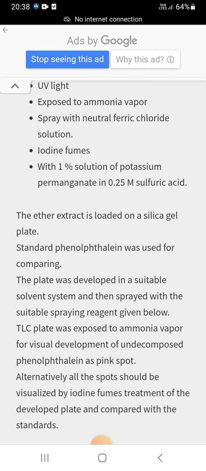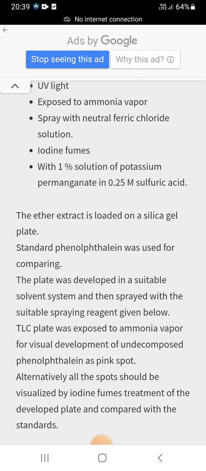Now, the ether extract is loaded on the TLC plate using a fine capillary tube. Then the plate is placed in the elution chamber for some time, having the mobile phase, and when the solvent front reaches its maximum, the TLC plate is removed from the elution chamber.